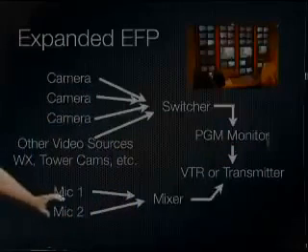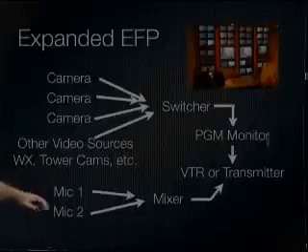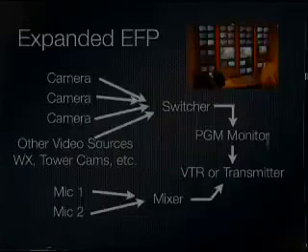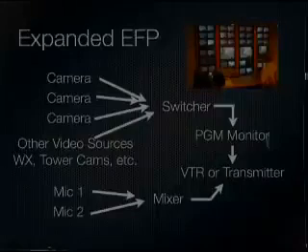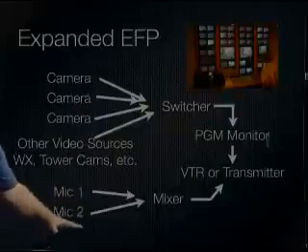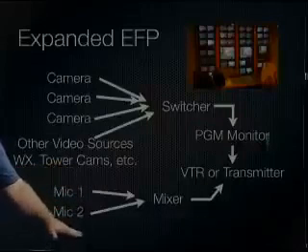The audio portion of things, you'll have a handful of microphones or audio that's coming out of other video sources. For example, if I have a recording that I want to play back for you, I'll play the video for you, and with that video will also be some audio. And that audio will also be part of these inputs or sources of audio.